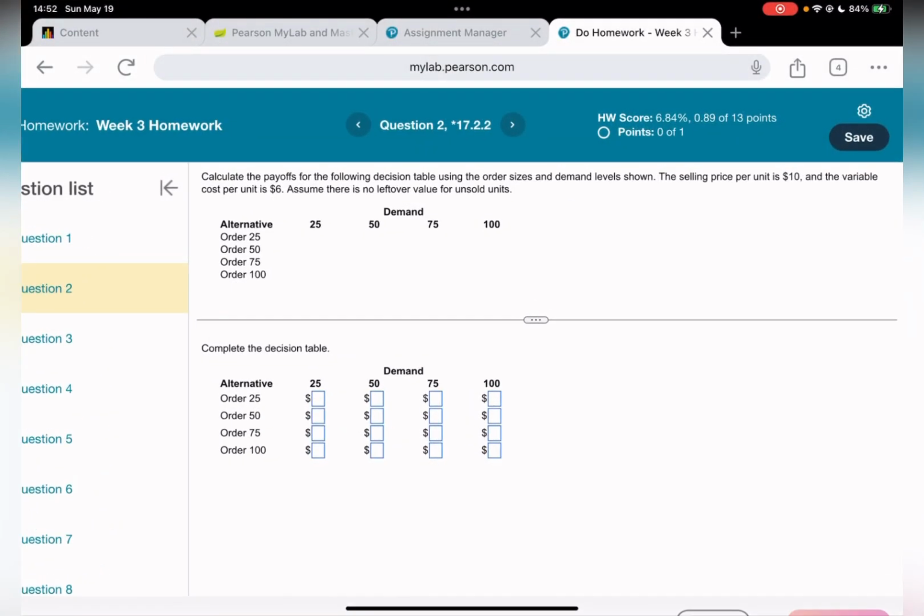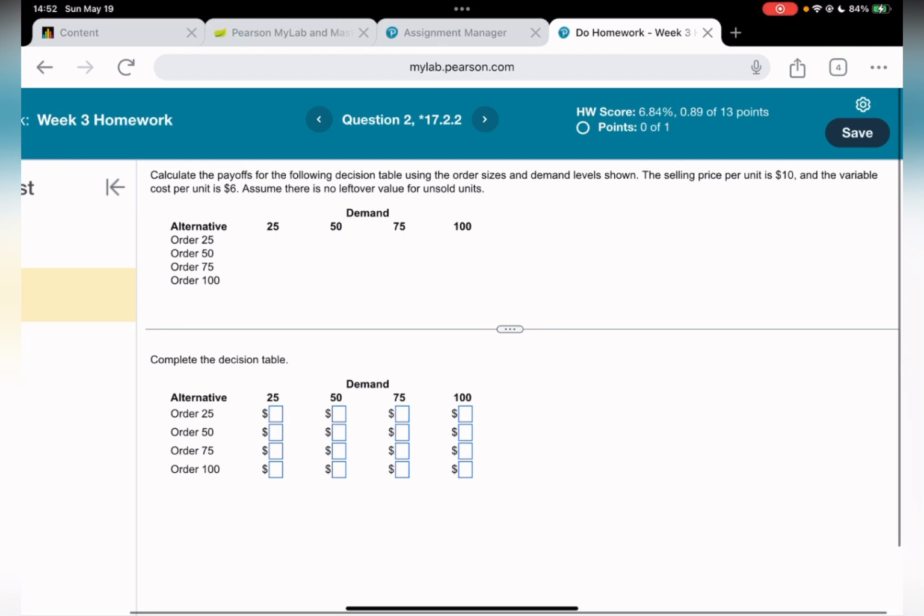Calculate the profit for the following decision table using the order sizes and demand levels shown. The selling price per unit is 10 and the variable cost per unit is 6.